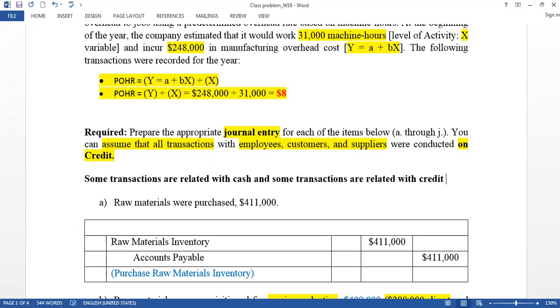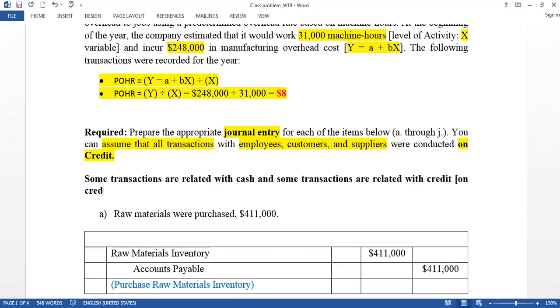Anyway, we have another term called on credit, or another term called on account. You learned it in Principles of Accounting 1. On credit or on account means that cash is not yet paid or not yet received.